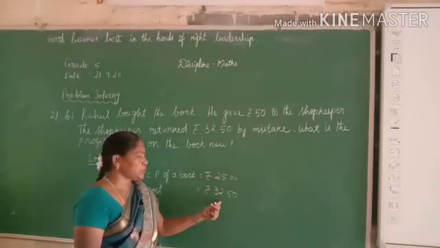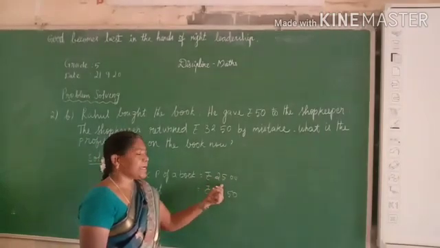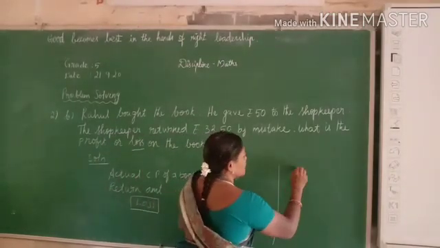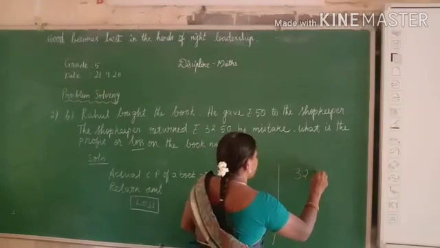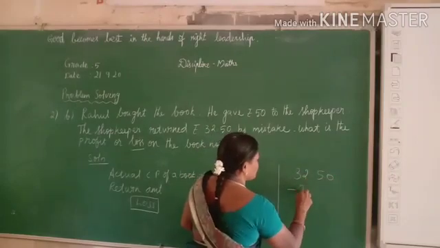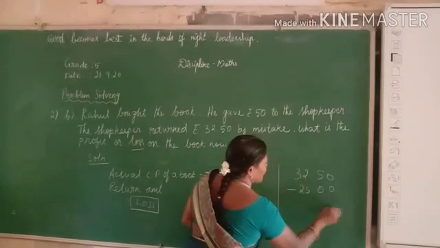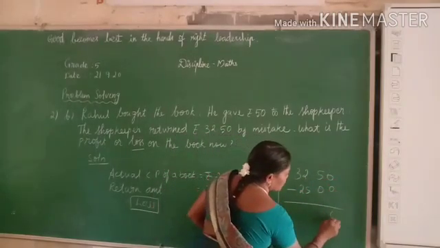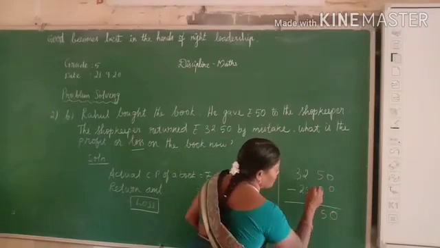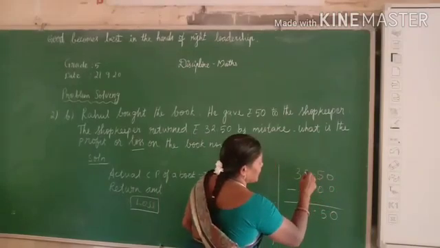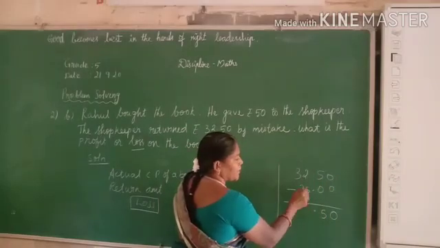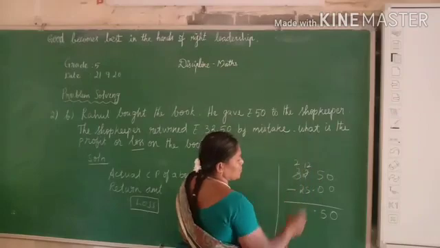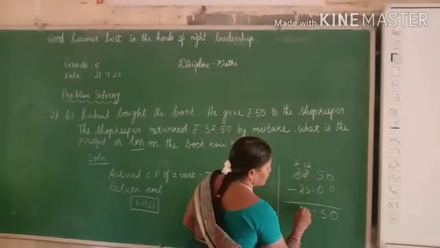So subtract 32 rupees 50 paise minus 25 rupees in the working column. 0 minus 0, 0; 5 minus 0, 5; put a decimal dot; then 2 minus 5 we cannot subtract, so we borrow, 2 becomes 12, 3 becomes 2, then 12 minus 5, 7.